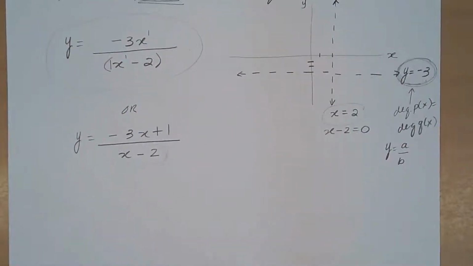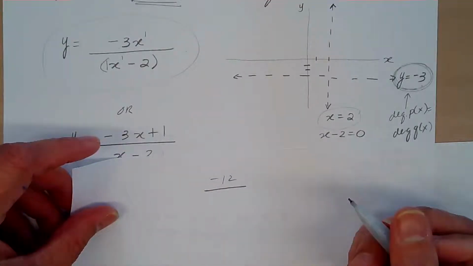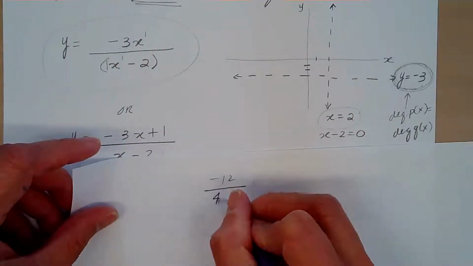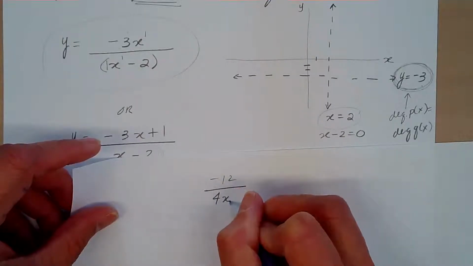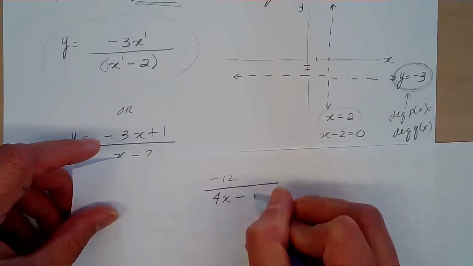Someone suggests negative 12 over 4x minus 2.